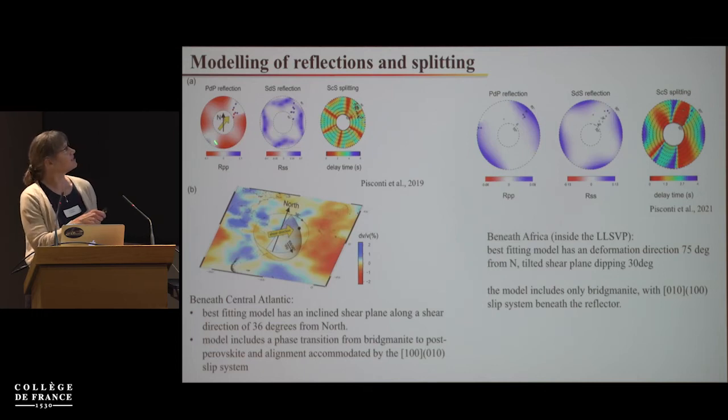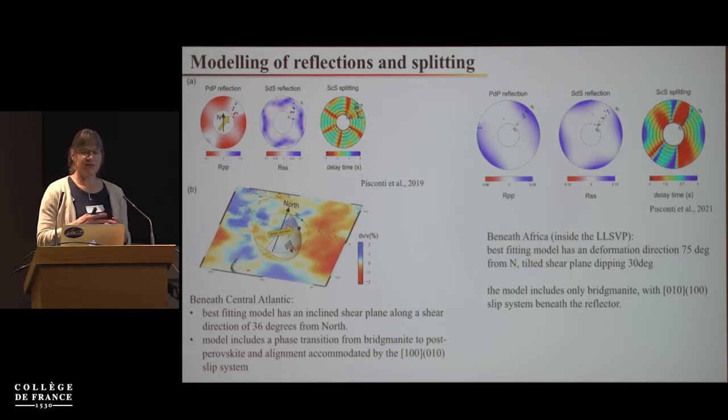And if we look in the central Atlantic here, we can really fit our observations, the PDP reflections, SDS reflections, and especially the splitting directions, not so much the times, with a model where the shear plane is turned 36 degrees from the north, and it also has a dip here. And that model that we found here is a bridgmanite to post-perovskite phase transition, and we have this slip system in here.